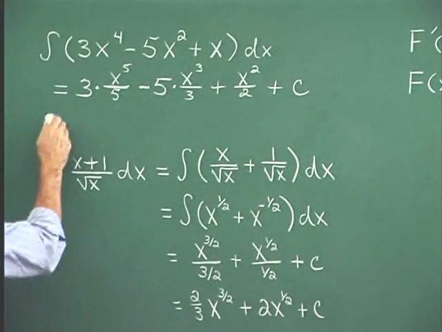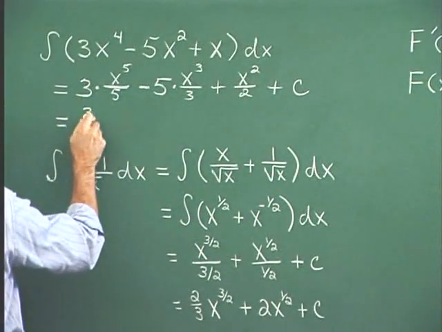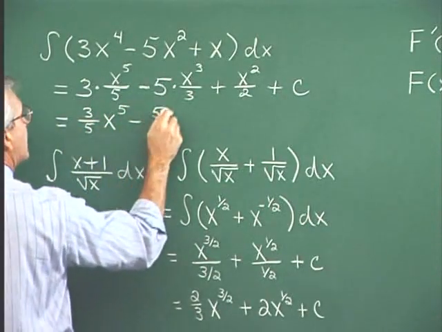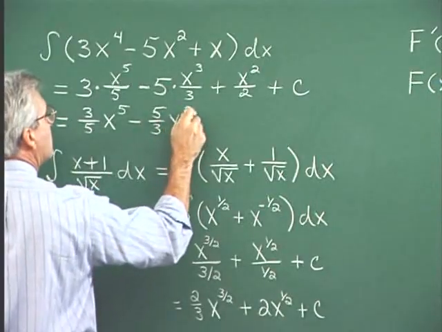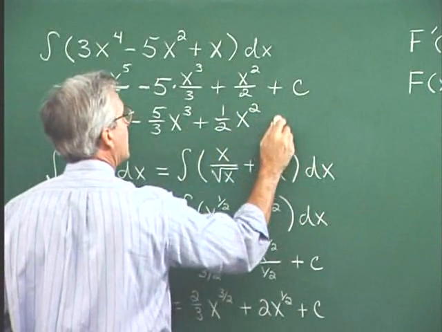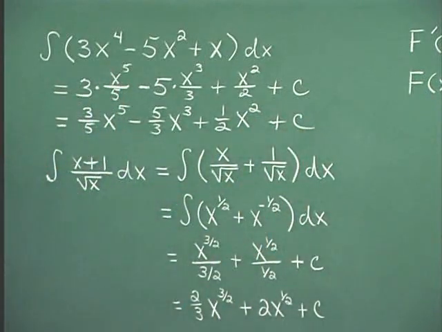And now it's a matter of marching through and cleaning up. So we have 3/5 x to the 5th minus 5/3 x cubed plus 1/2 x squared, then plus c. And that's all there is to it.